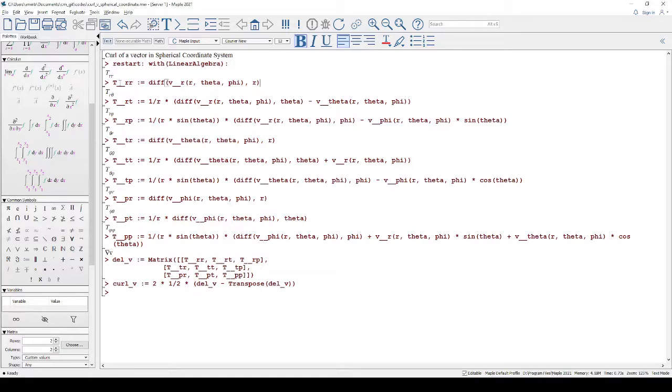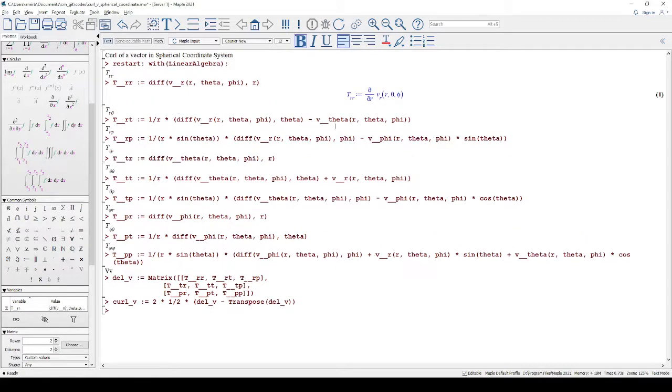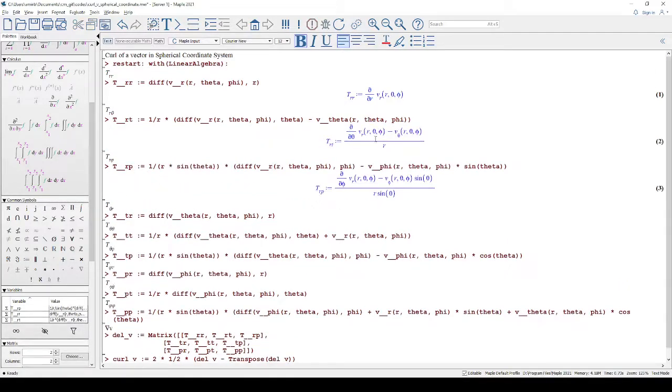So I start with TRR, and as you see here, VR is a function of R, theta, and phi. And this actually goes with V theta here, and also V phi. So I load the rest of the first row components here, TRR, TR theta, and TR phi.